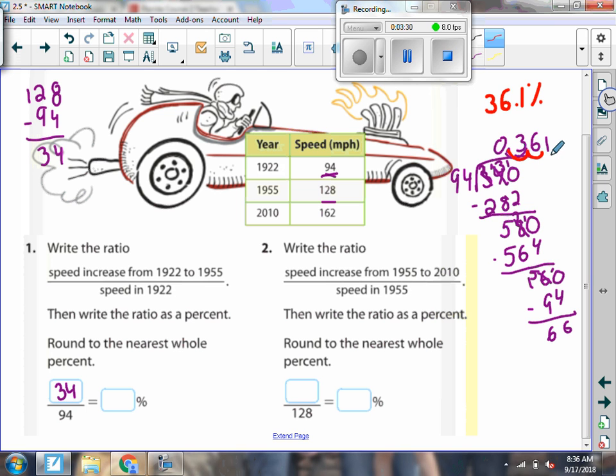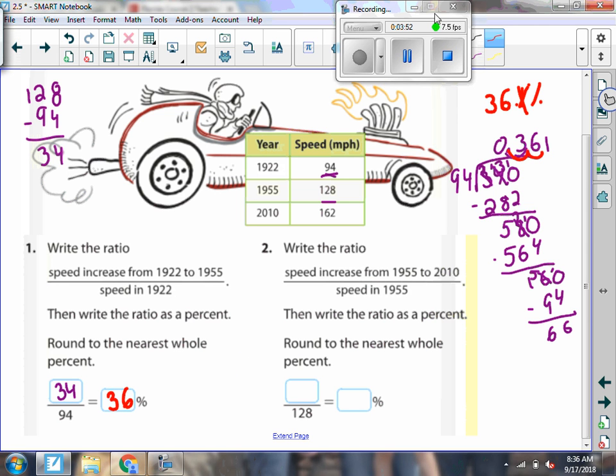So I need to go out 3 decimal places so I can use this 0.1 to round. Is the 1 going to make the 6 go up, or is it just going to drop off? In this case, it's just going to drop off. So my ratio written as a percent rounded to the nearest whole percent is going to be 36.